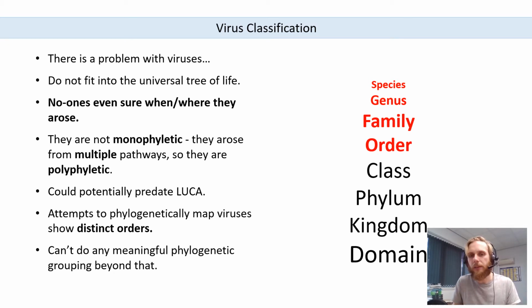But yeah, we can classify them into these between 7 and 9 different orders, and that's the best we can do. And each of those little trees I talked about represents a different order. So we have the order and the family and the genus and the species, but we can't relate these trees to each other. We can't group them together into any classes or phyla or kingdom. But yeah, it's the best we can do right now.